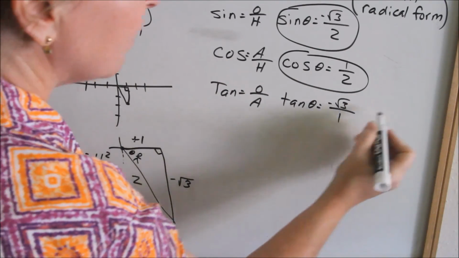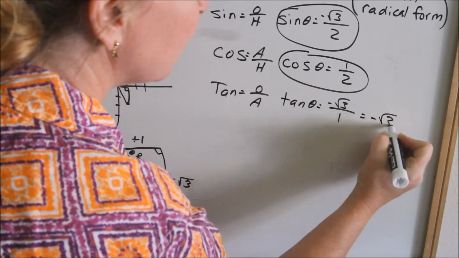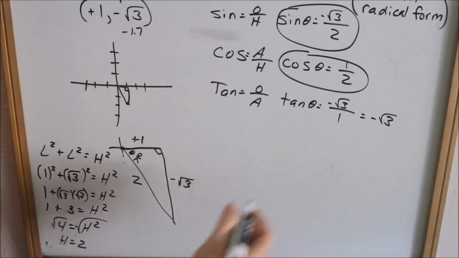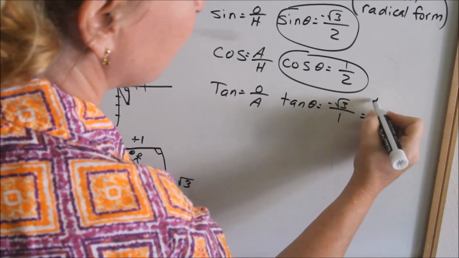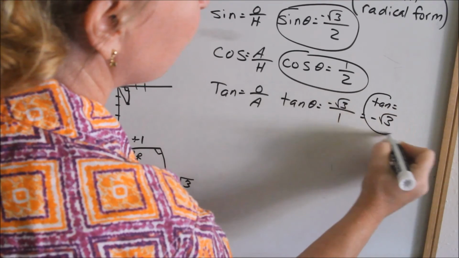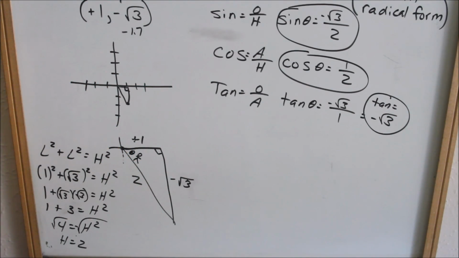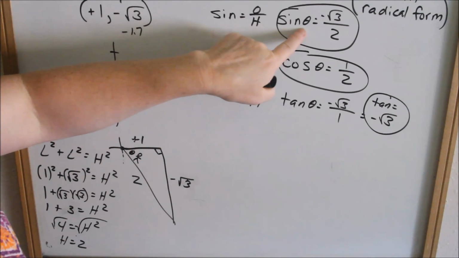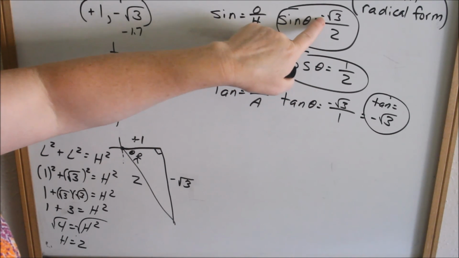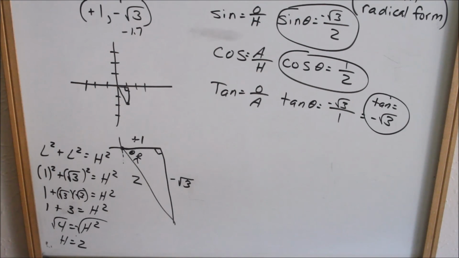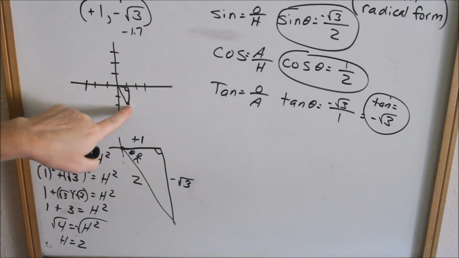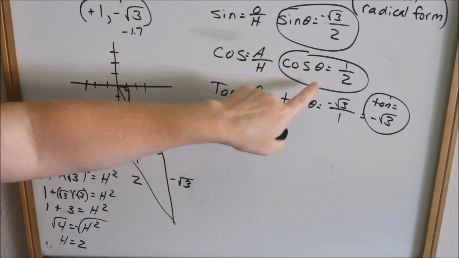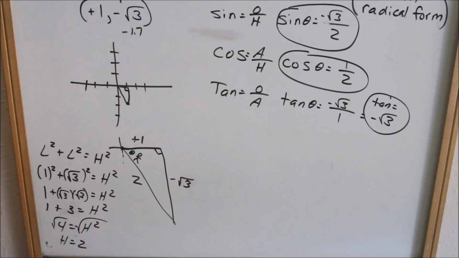Always reduce if you can, so we're just going to call that negative square root of 3. Okay, that's your tangent value. So that's tangent. What I want to show is that your trig functions can be negative or positive depending on which quadrant you're in. Here we're in quadrant 4. Sine is negative, cosine's positive, tangent's negative.